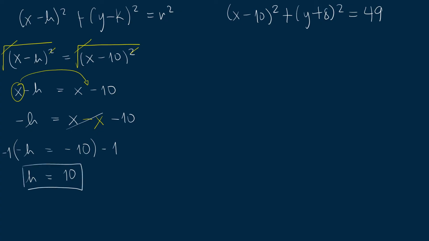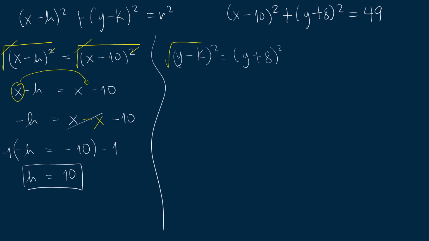Doing the same process with the value of k, we will equate y minus k quantity squared to y plus 8 quantity squared. And then, getting the square root of both sides, cancel out the radical symbol and the exponent.